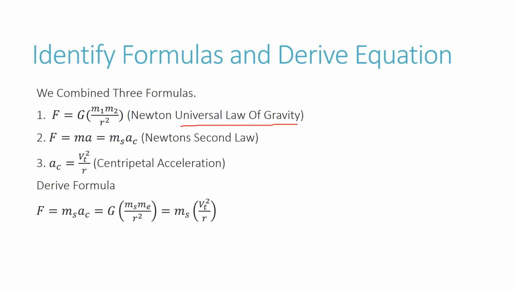The second is just Newton's second law, and we're going to manipulate it a little bit, which is force equals mass times acceleration, and that's going to be the mass of the satellite times centripetal acceleration. And then third, we're going to need the formula for centripetal acceleration, and that's the tangential velocity squared divided by the radius.